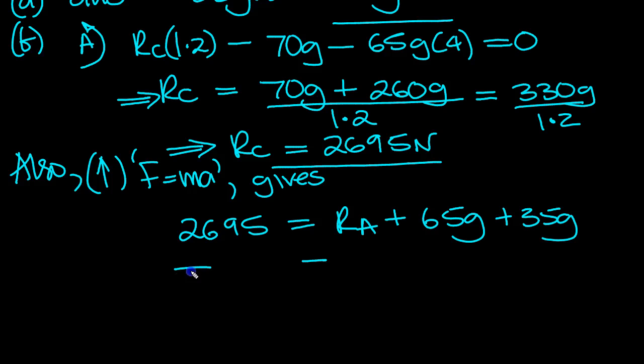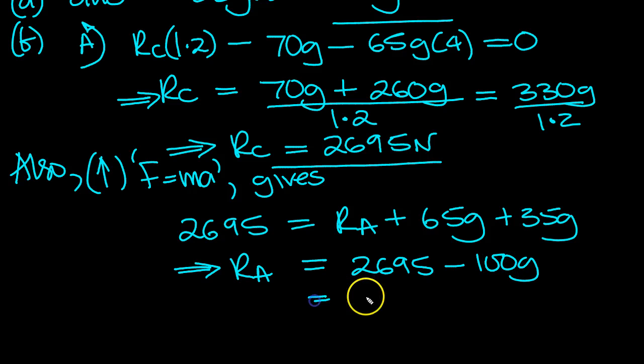So that tells us then RA is equal to 2695 minus 100G. 100 times 9.8 is 980. So take away 1000 and add 20.